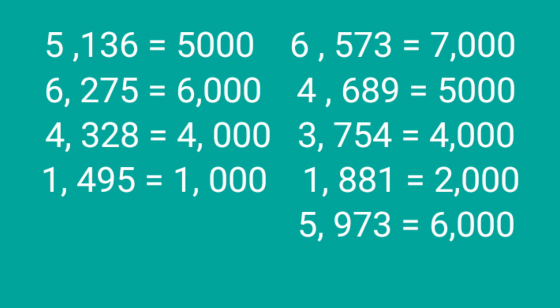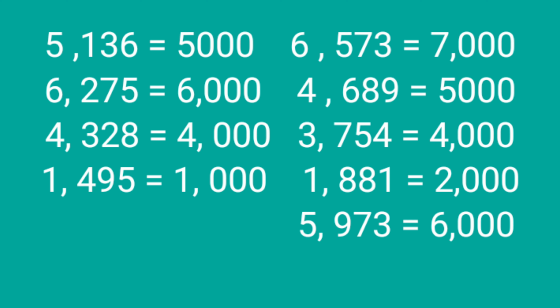So you see what happened to 6 in the thousand place, since 5 is just beside 6, you add 1 to 6. So 6 plus 1, that makes 7. At the right side of 4 is 6, so you add 1 to 4, so that makes 5.